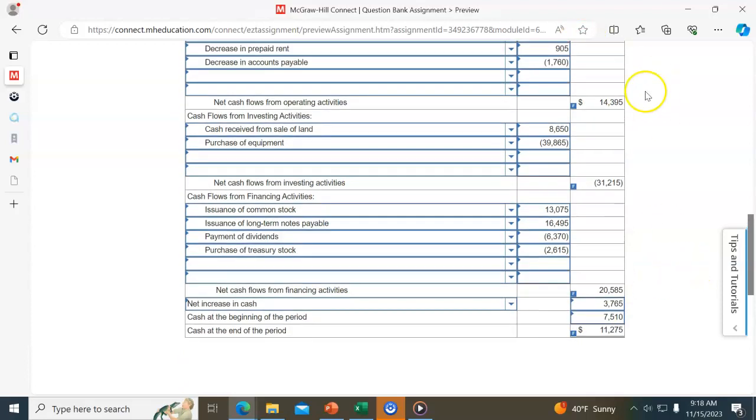You then take these and add them together to show an increase or decrease in cash. You start with the beginning cash for the period, and this ending cash should equal your balance sheet cash. Any questions on this? Does it make sense?